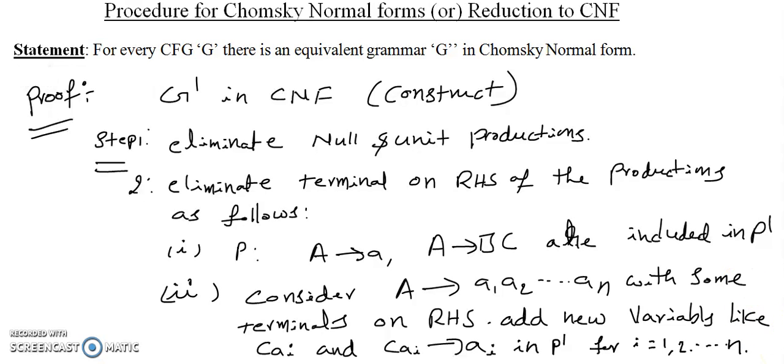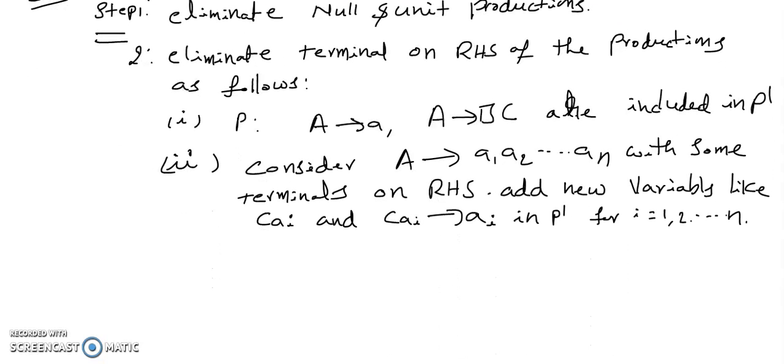The step 3 in step 2 is that, step 3, restricting the number of variables on RHS.